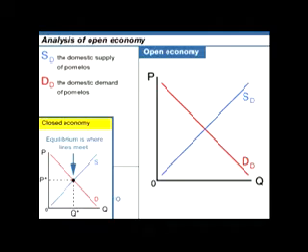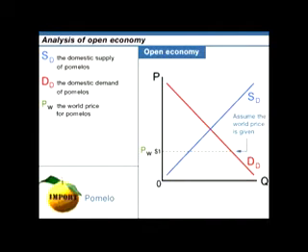It represents the opportunity for international trade. It represents the opportunity to buy and sell outside of France, that is, in the rest of the world, at a price of $1 per pomelo. Now, with a world price given at $1, people in France are always going to have the opportunity to buy pomelos for $1 a piece from someone outside of France. They might import them from Spain or Africa or somewhere else.